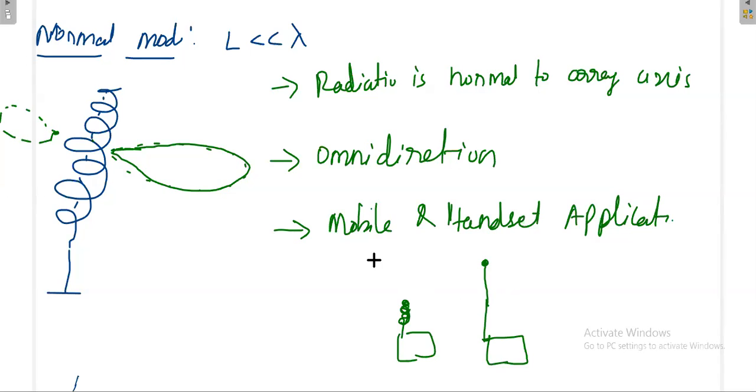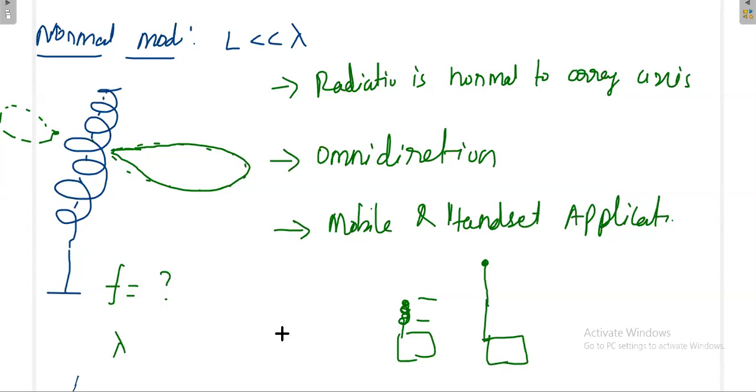But another reason is that when you have a spiral structure, effectively you are reducing the length. First, find out the frequency at which the policemen's mobile handset walkie-talkies work. Then you calculate lambda.